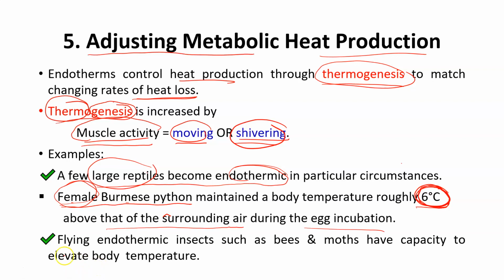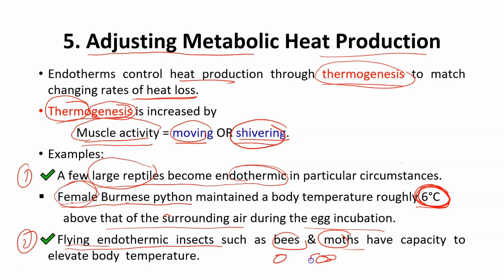Macam tu. Okay. So, and then second example, flying endothermic insects such as bees and moths have the capacity to elevate body temperature. Bees and moth ni adalah insects kan, badan dia kecil.